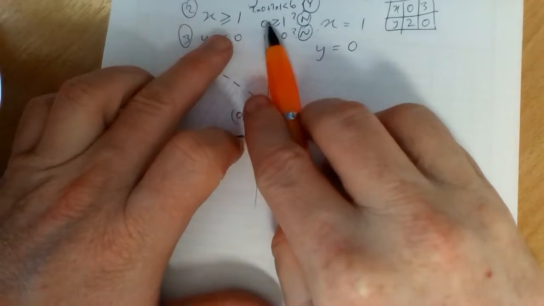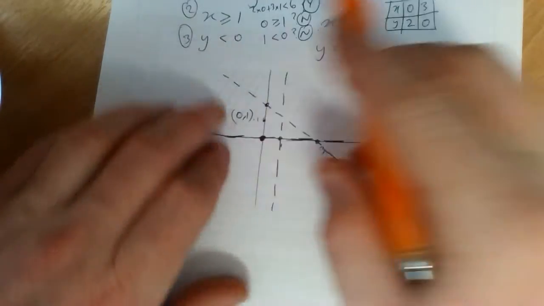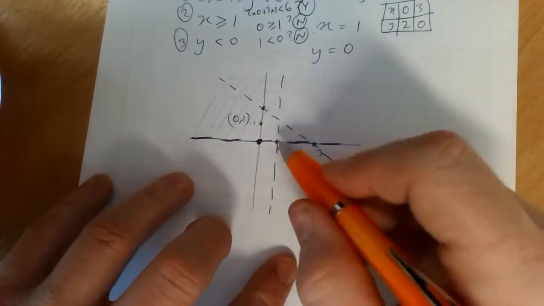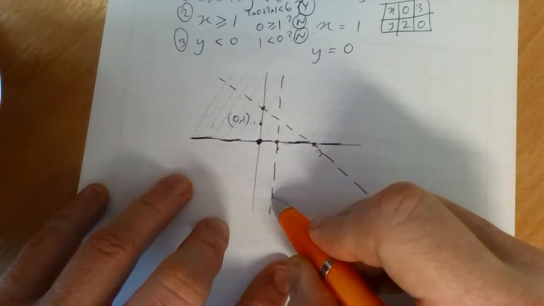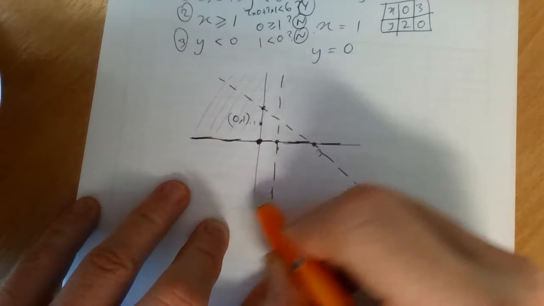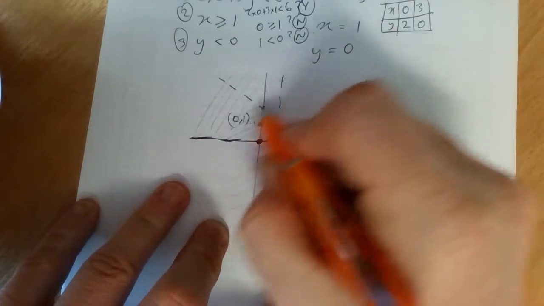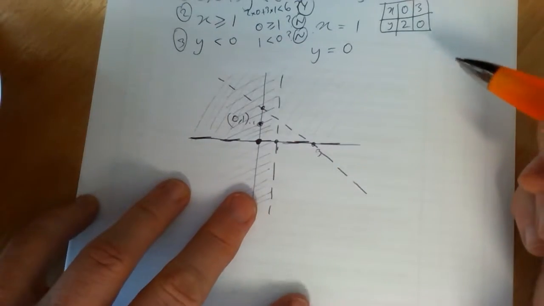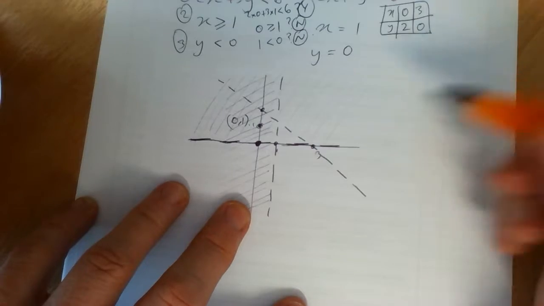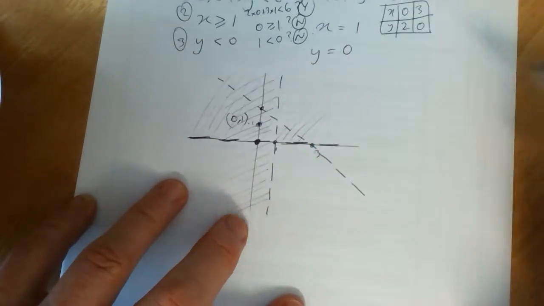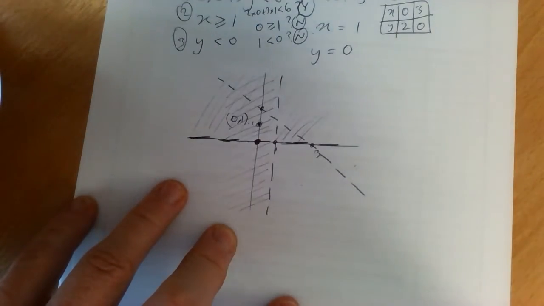We just decided that the point did not satisfy this one. So we scrub out that side of this line, because we've decided we need to scrub out this point. And so that's why we have these two regions left.